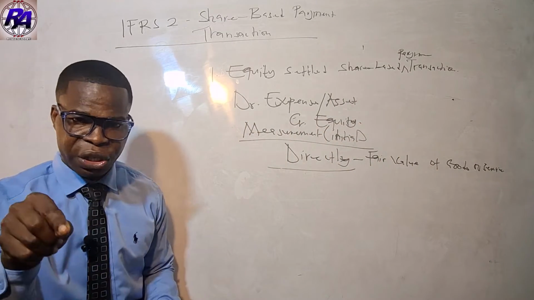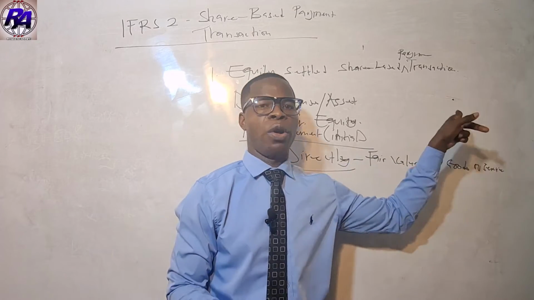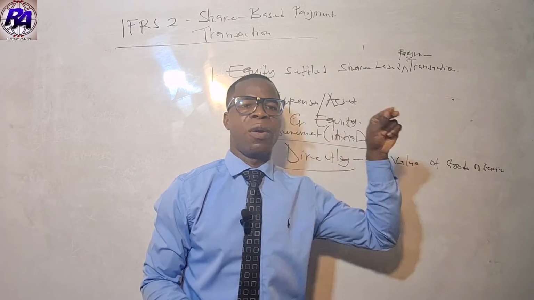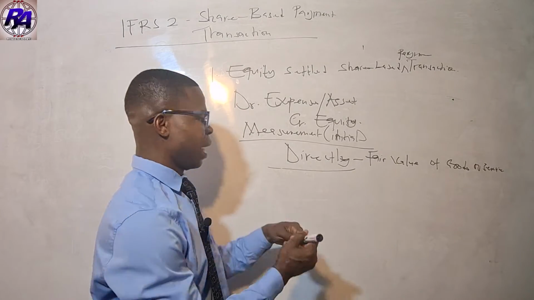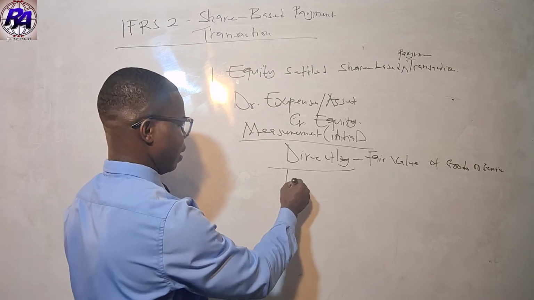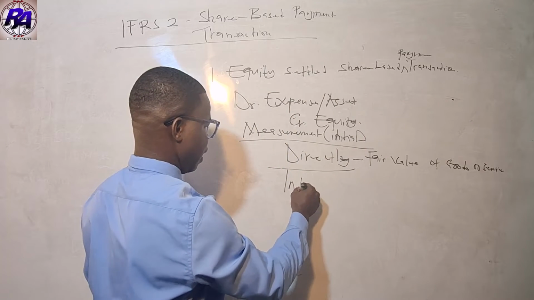But there are some situations where we cannot determine the fair value of the goods and services. For that matter, we have to measure our equity settled share-based payment transaction indirectly.